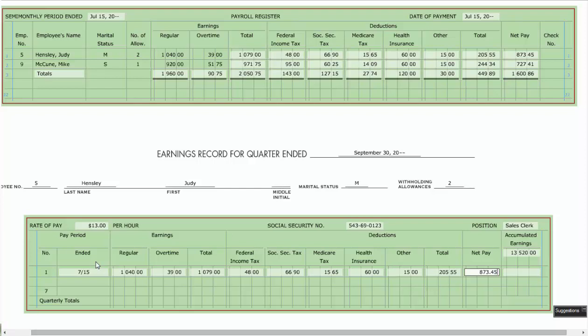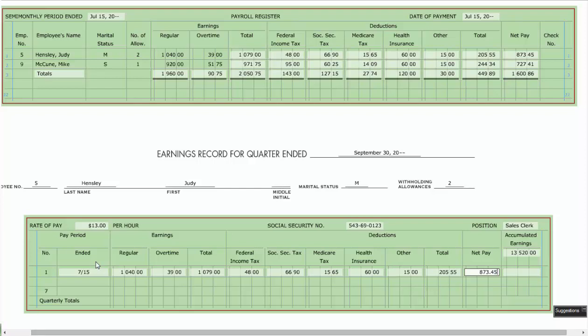The last column here is my accumulated earnings, and this is what we use to determine whether or not they've reached or met that $87,000 tax base for taking out Social Security and Medicare. To calculate this, it's really easy, but students tend to take these two numbers and add them together, and that's wrong. I need to take $13,520 and add $1,079. When I add those two numbers together, I get my new number for there.